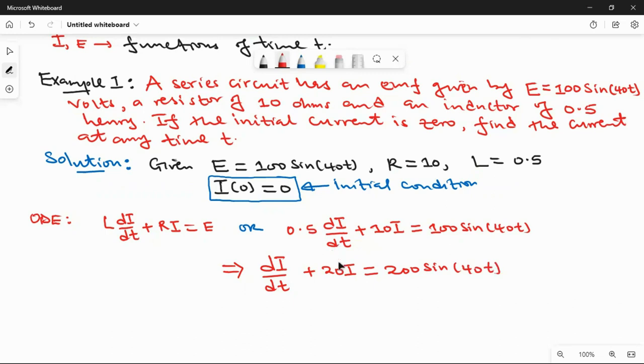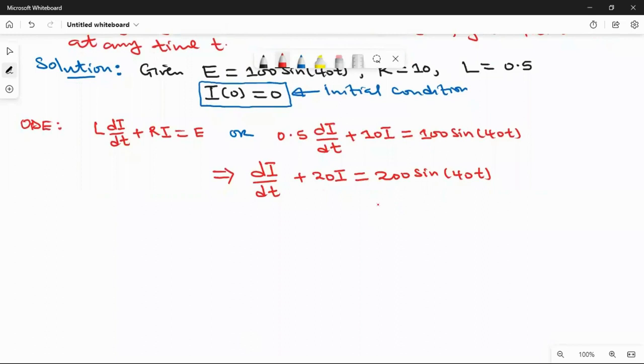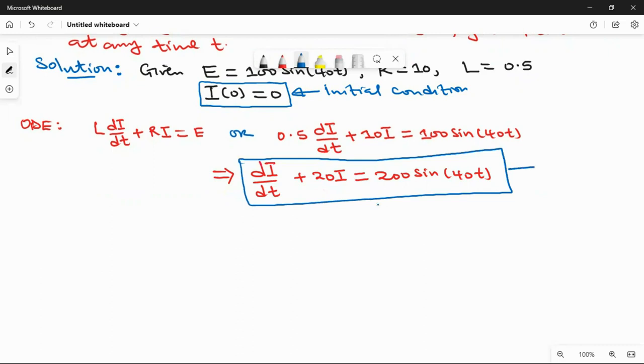Now, this equation is linear in the dependent variable I, where I denotes the current in the RL series circuit. So this is a linear ODE in the dependent variable I. Of course, our independent variable is t.